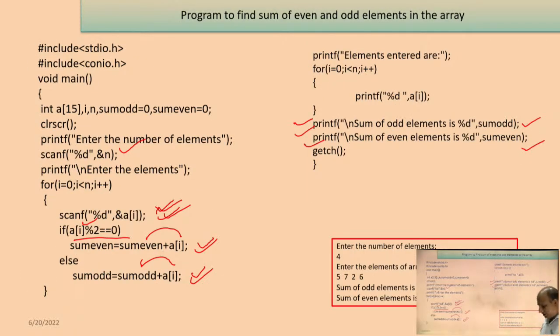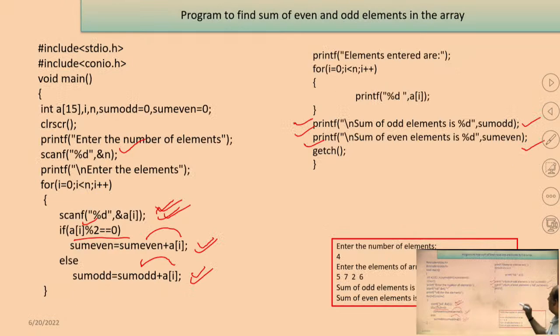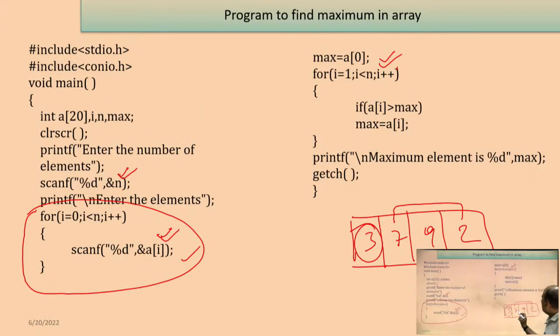If the next element is greater than the max element, then max will be updated, and it will keep on checking and updating, and finally the maximum element will be assigned to the max variable, and after the loop we can print that.